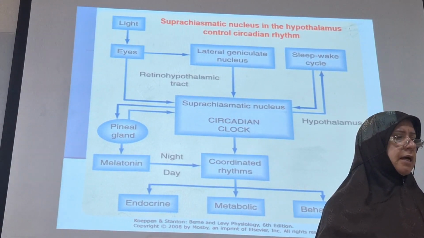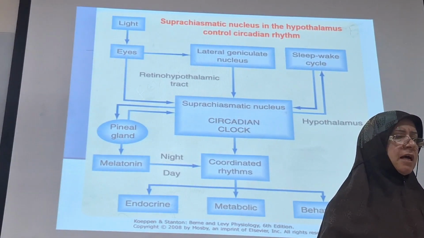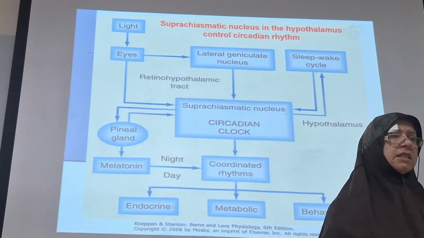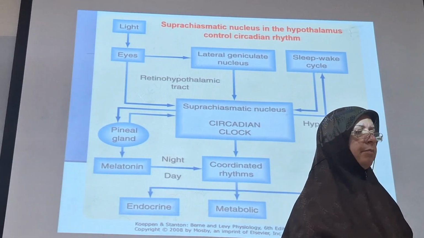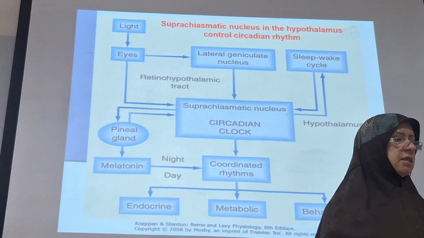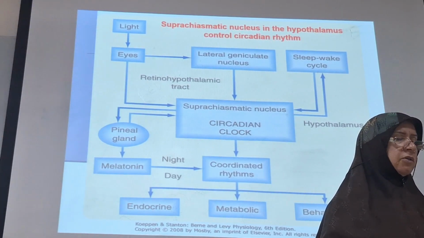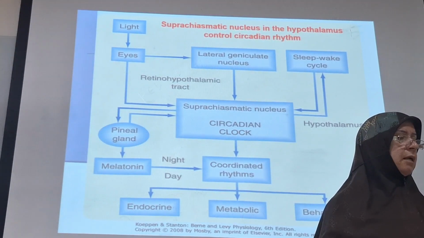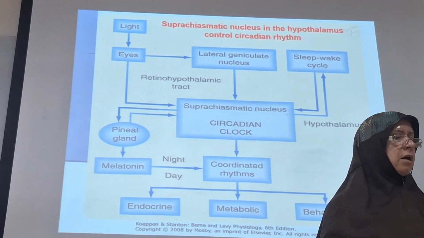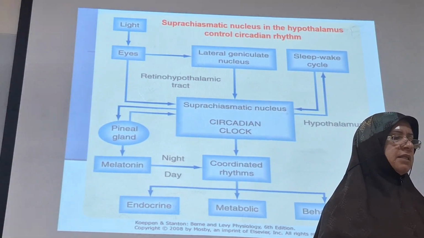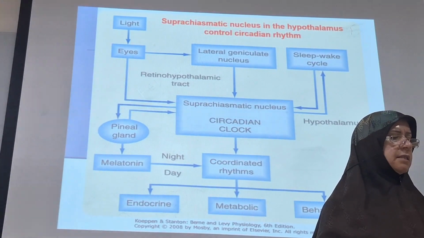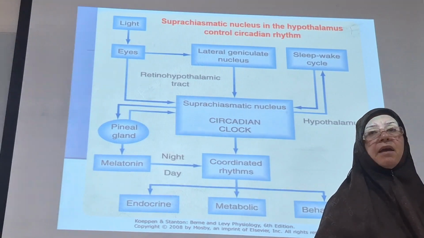As you see here, this nucleus receives information from the sleep-wake cycle, and from the eyes, and from the pineal gland, melatonin produced by the pineal gland. So, outgoing messages from this nucleus go to the endocrine system, metabolic system, and behavior.